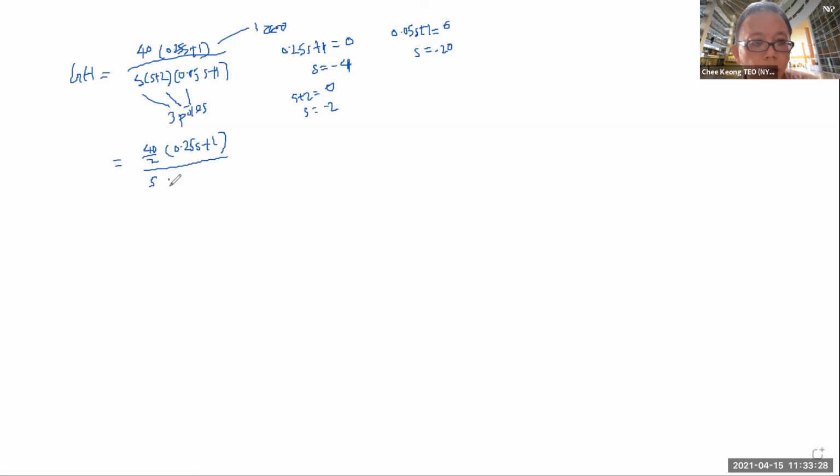This one divided by 2 will be 0.5 s plus 1, right? Because you divide this by 2. The other one is already 0.05 s plus 1. So these are all normalized, right?